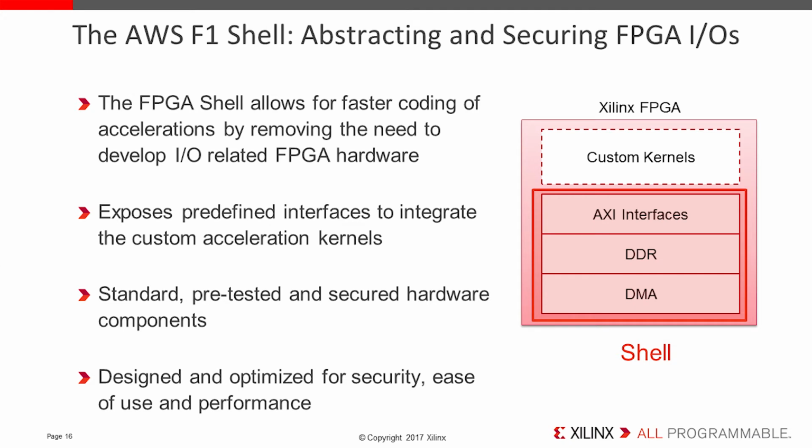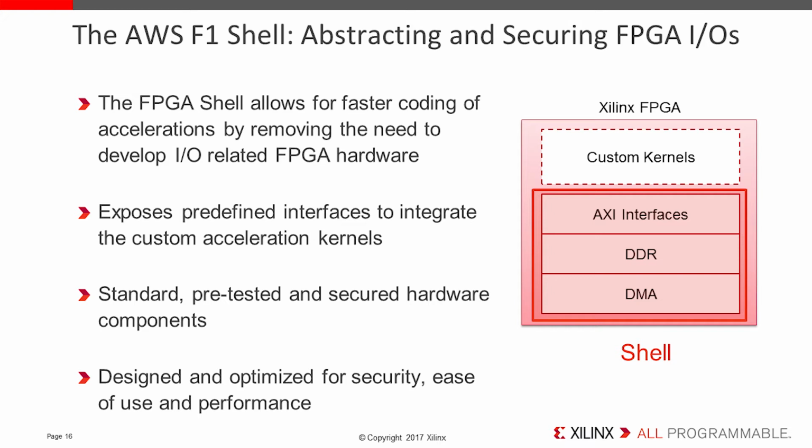As mentioned previously, the F1 FPGA comes pre-configured with hardware functionality to manage communication to and from the FPGA. This hardware layer is commonly referred to as the F1 shell. The shell is a key component of the F1 platform and will be very often referred to throughout this training series.